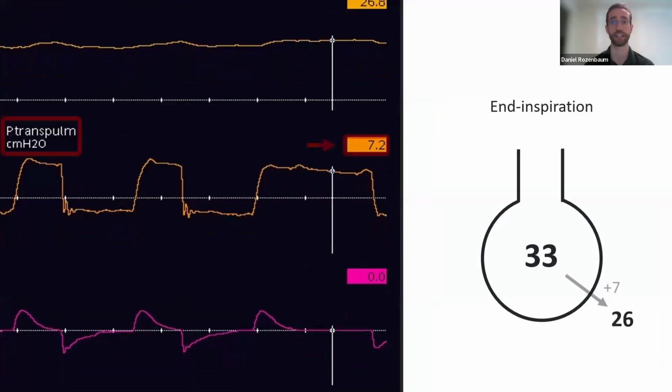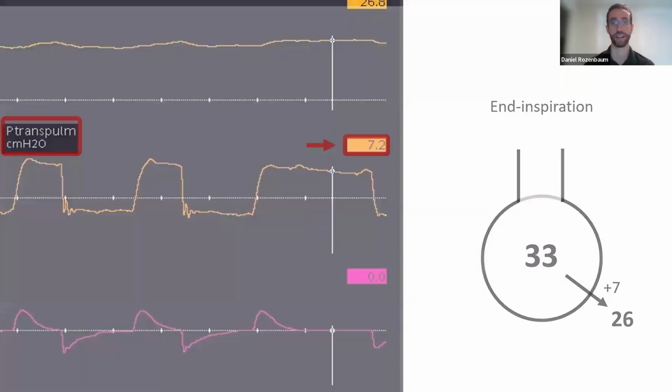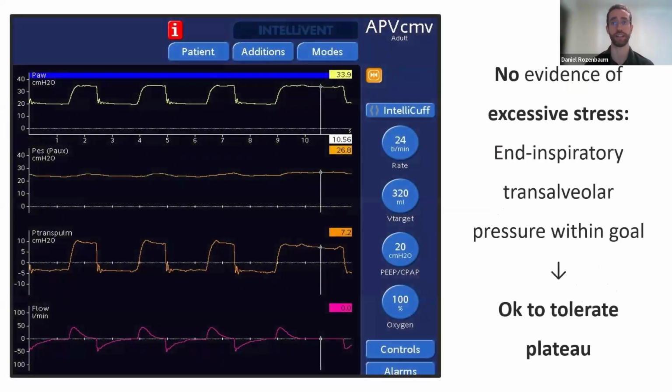The third graph, the live subtraction of the first two, is our end-inspiratory transalveolar pressure, which is only 7 centimeters of water, comfortably within goal. In this case, despite the elevated plateau, we have no evidence of excessive stress being applied to the alveoli. The true distending pressure is low.